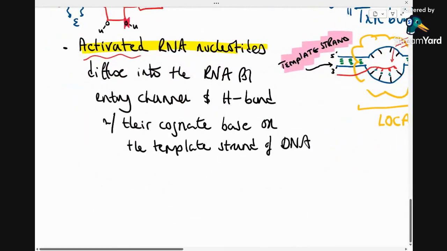So our activated ribonucleotides, RNA nucleotides, not deoxy, diffuse into the RNA polymerase entry channel. They hydrogen bond with their cognate base via complementary base pairing. Don't forget, if this is an exam answer, be specific: always state it when you say this, just in case.